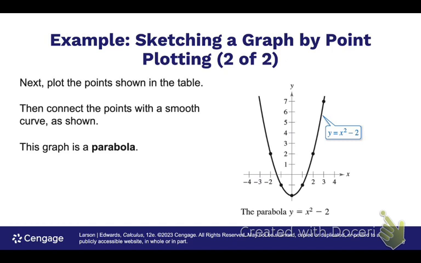So if I brought it down, 1 squared is 1, subtract 2 gives you negative 1. 2 squared is 4, subtract 2 is 2, so you get 2. So it just goes from there. Now again, we're sketching, not plotting, so as long as you had those 2 points, you would be able to sketch the rest of the graph.